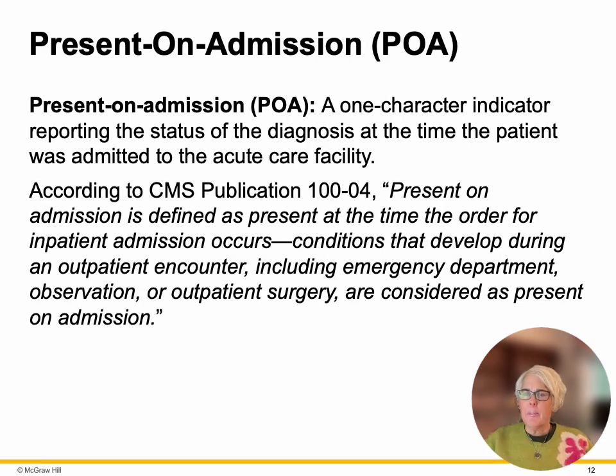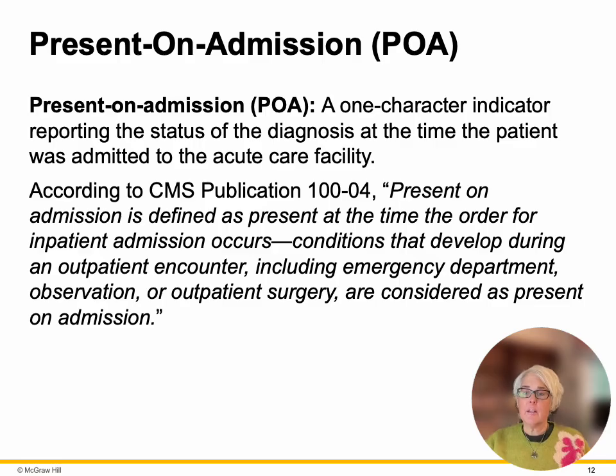So when I assign that POA, I use the official definition. A condition is present on admission if it exists at the time the order for inpatient admission is written. This includes conditions that develop during an outpatient encounter, like in the ED, observation, or outpatient surgery.